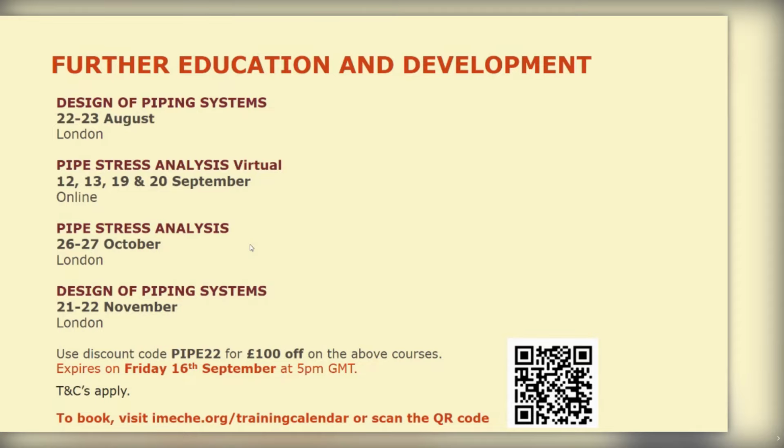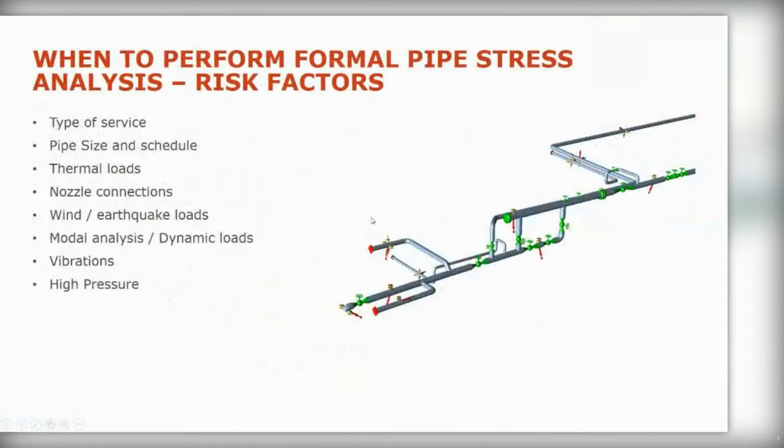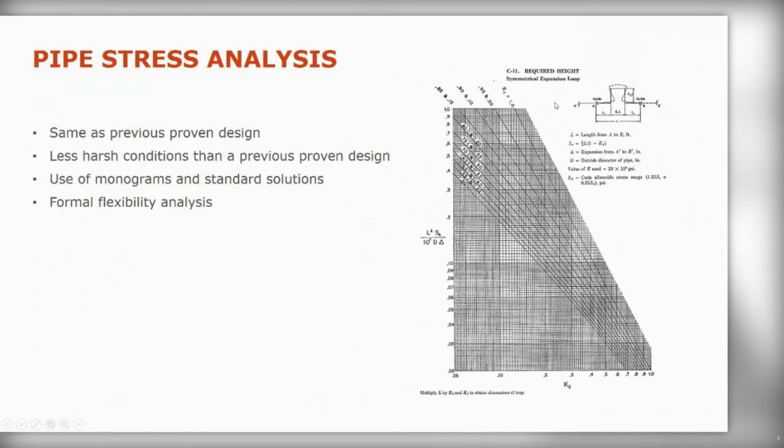Okie doke. Time for one more, if that's all right. So the last one we'll have is, how can you assess stresses due to thermal expansion by hand calculation methods? Yeah, so again, we briefly covered it. If you have a very simply defined system where you can use one of those nomograms that you can find in textbooks like Kellogg's and similar, then you can follow them using hand calcs.